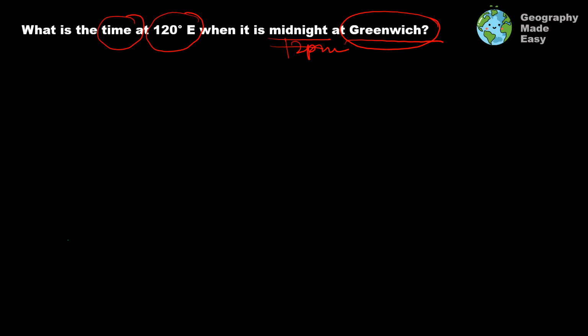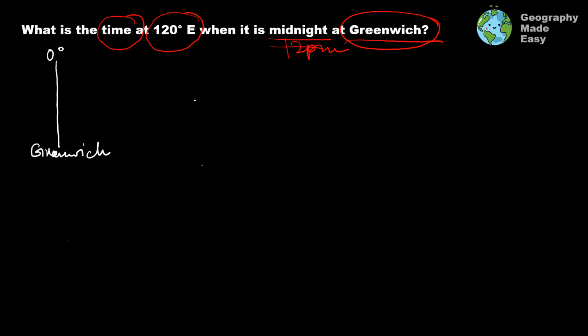Before I proceed with anything else, first I am going to mark the longitudes. So we know that this is my 0 degree. So this is Greenwich. If this is given or the word GMT is given, you will always know that we are talking about the 0 degree longitude.